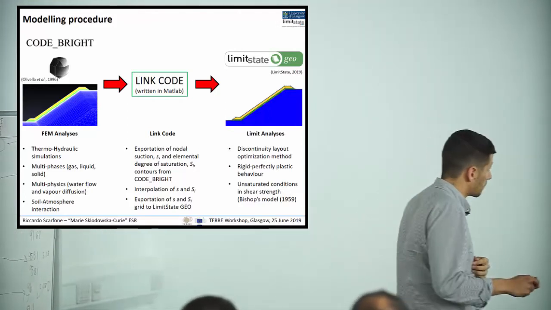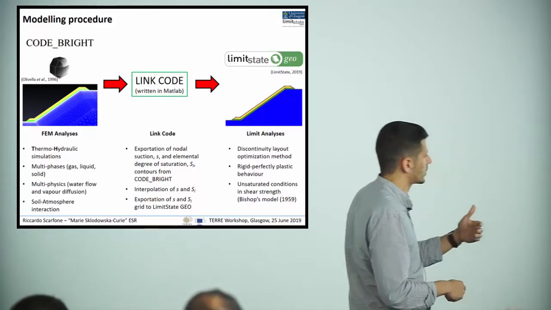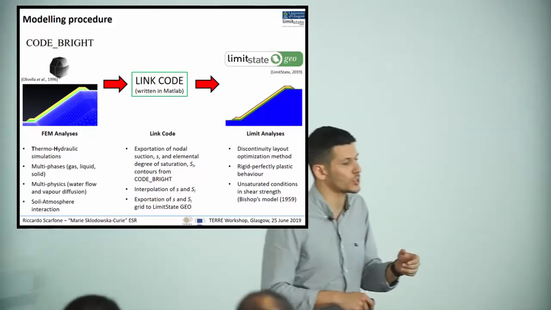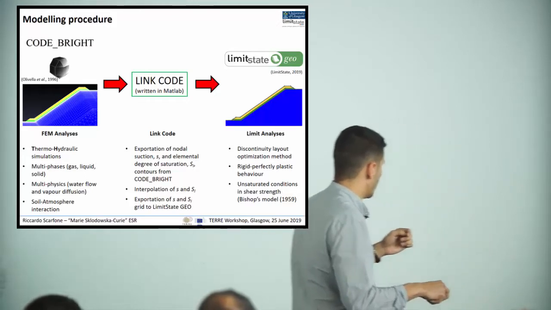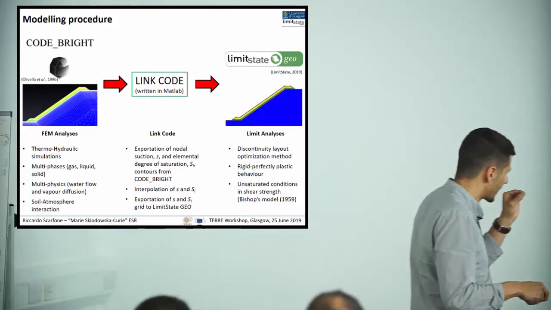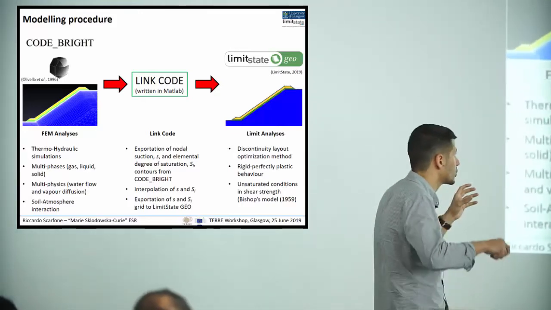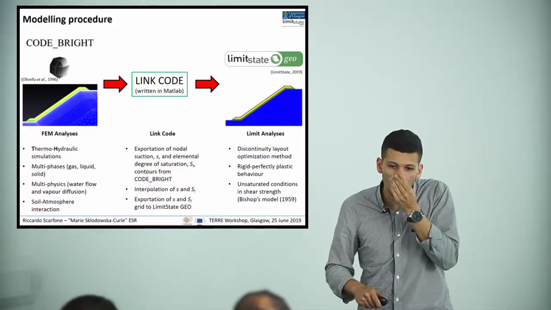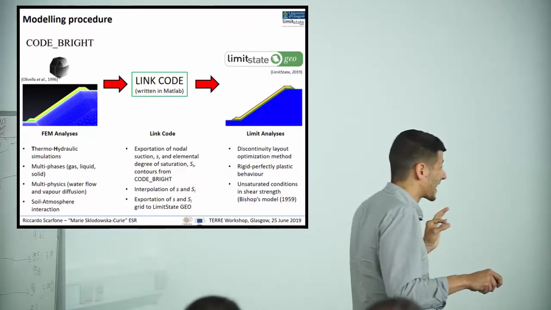Then we wrote a link code in MATLAB that we used to export the suction and degree of saturation contours from the finite element analysis. We created a grid where we interpolate the suction and degree of saturation distributions, and we export this to Limit State that we used to perform limit analysis.